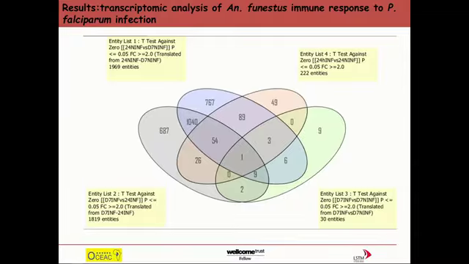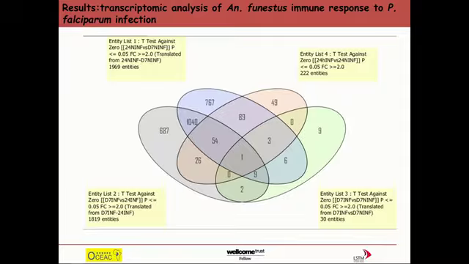And what we can observe is that when we compare infected mosquitoes and non-infected mosquitoes between 24 hours and 7 days, we have more than 1,500 genes differentially expressed between samples. But when we compare infected samples and non-infected samples at day 7, we just got 30 genes differentially expressed.